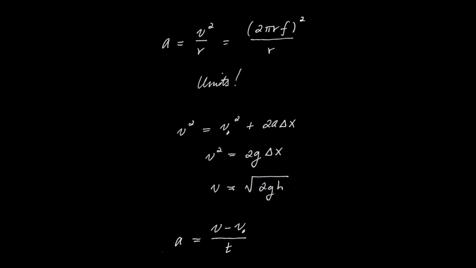To solve this, I need to first calculate the acceleration. Naturally, that acceleration is centripetal acceleration, acceleration of circular motion. So I'm going to calculate the speed squared divided by the radius. But I'm given the frequency of the thing. So for the speed, I'm going to substitute in 2 pi r times the frequency, because 2 pi r times the frequency is the speed of the circular motion, and then square it. You've got to be careful here because the frequency is given in RPM.